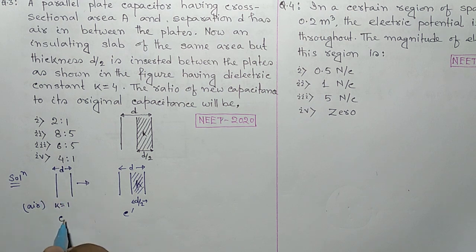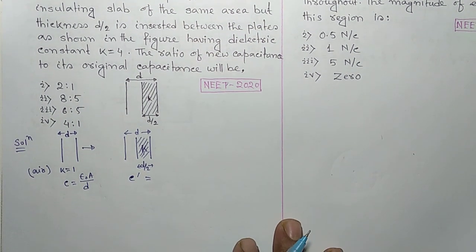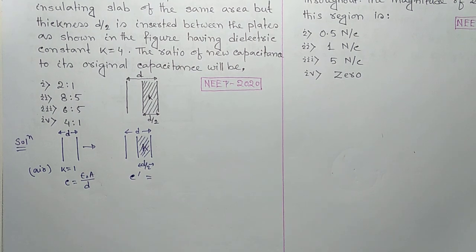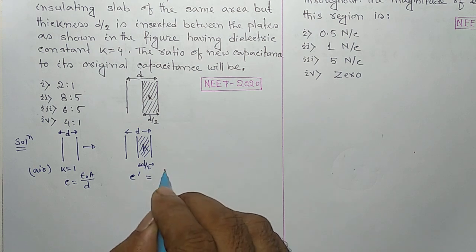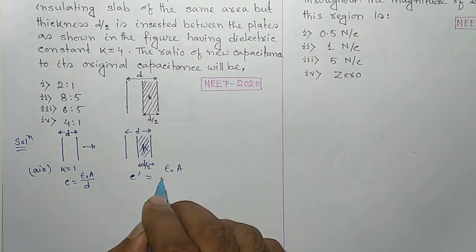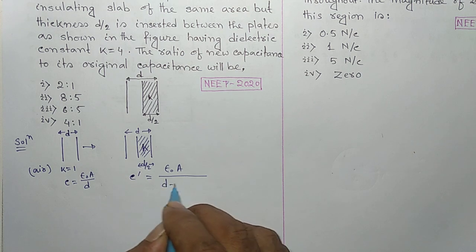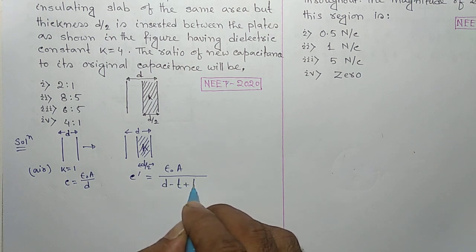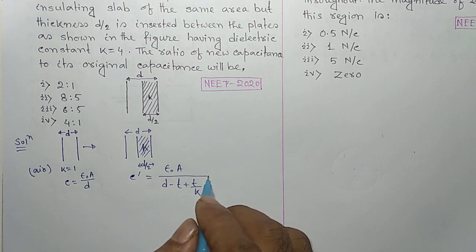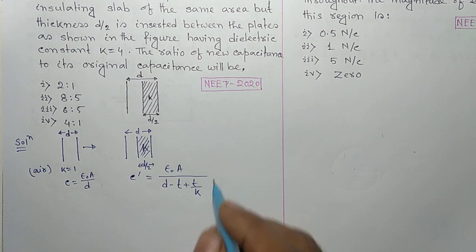For the original capacitor, C is equal to epsilon naught A divided by D. And C dash, we know the formula: when a dielectric slab is introduced inside a capacitor, it is epsilon naught A by D minus T plus T by K, where T is the thickness of the dielectric.